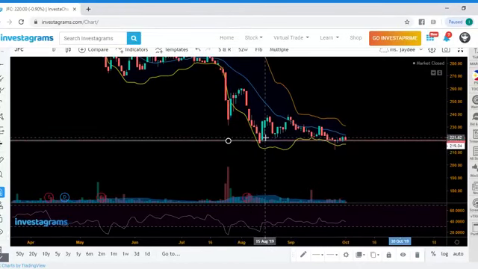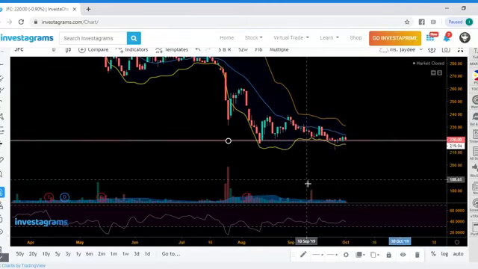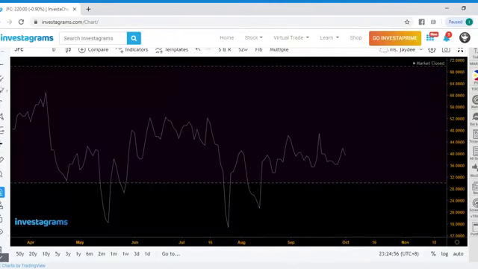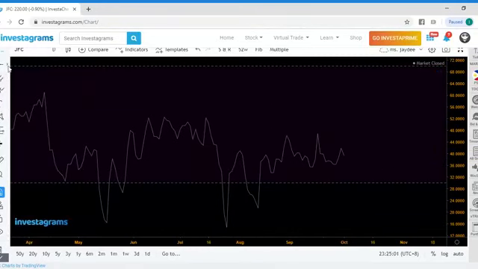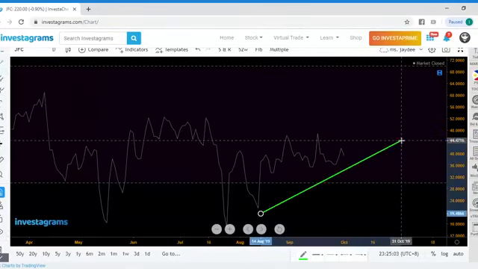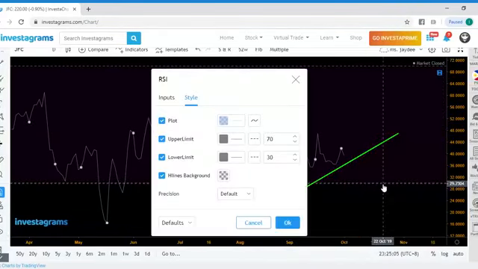Because what I can see here is that in this level, price is still moving and still giving us an upward direction for its RSI.